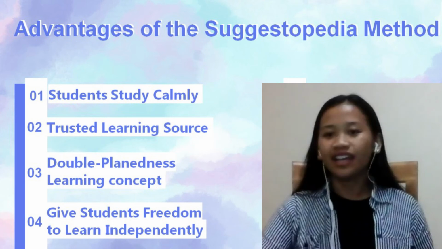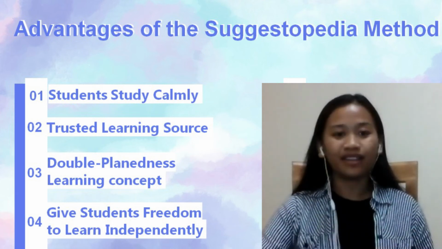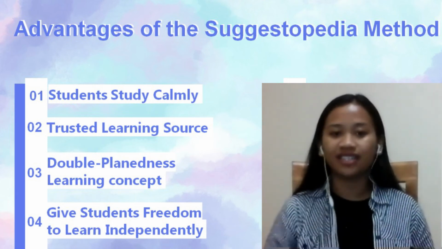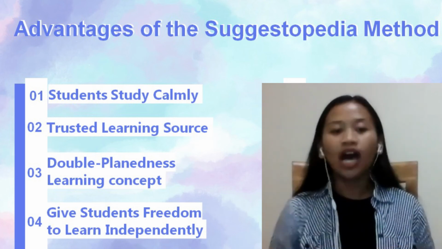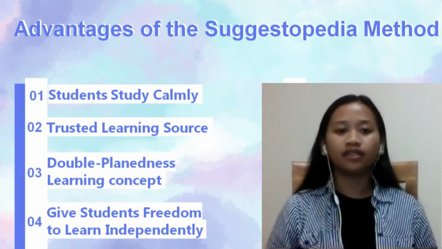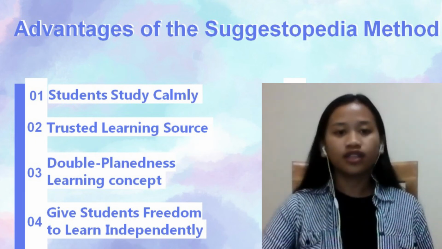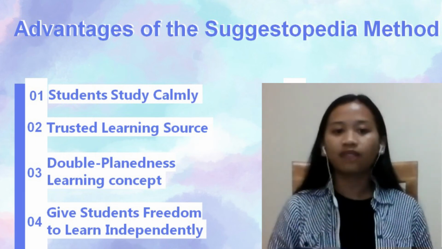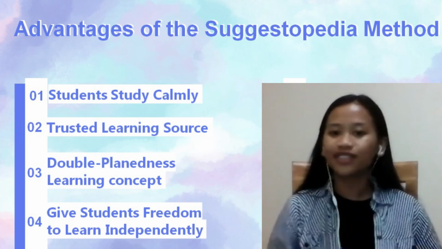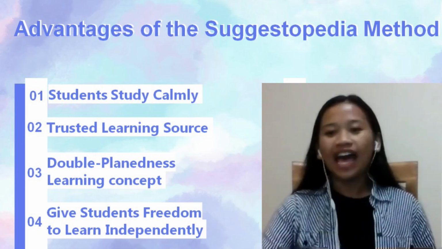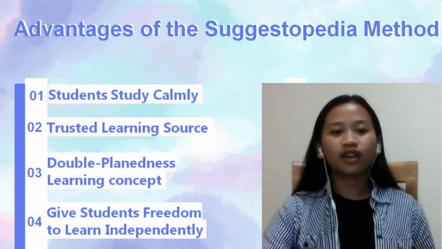Okay, the last topic is the advantages and disadvantages of this method. The first one, I will talk about the advantages. The first one is that students study calmly. This method emphasizes the convenience of students in the learning process. And then the second one is a trusted learning source.